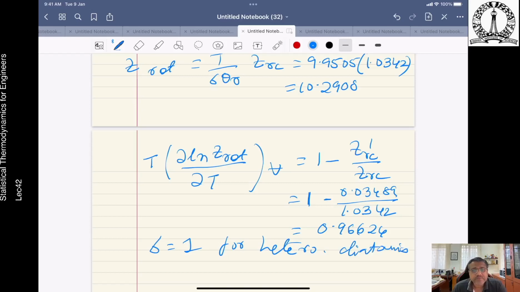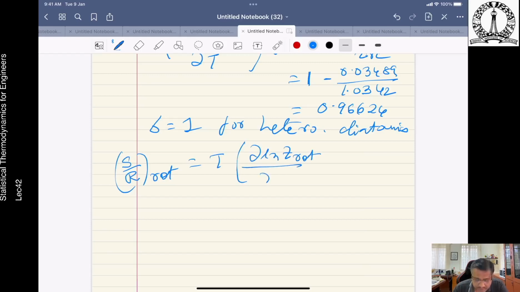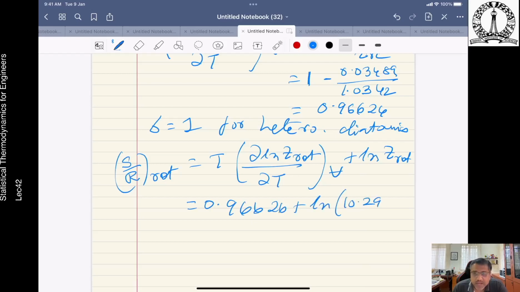Okay, so the dimensionless entropy now becomes S by R rotation equal to T d ln Z rotation by dT at constant V plus ln Z rotation, which is equal to 0.96626 plus ln 10.2908. This gives rise to 3.2976.